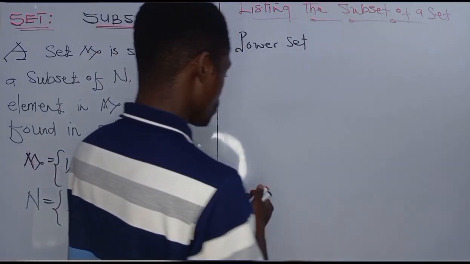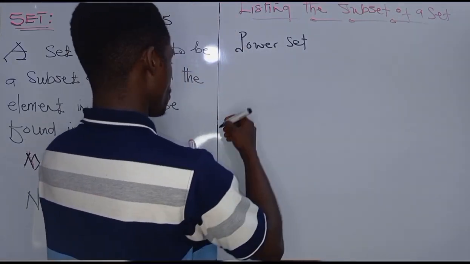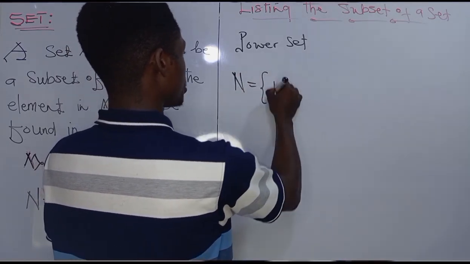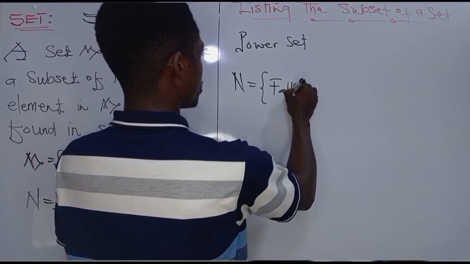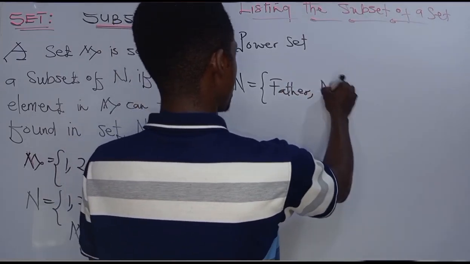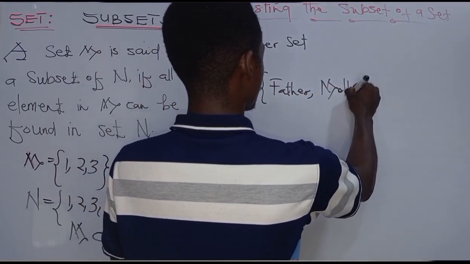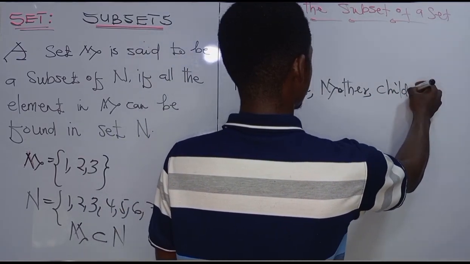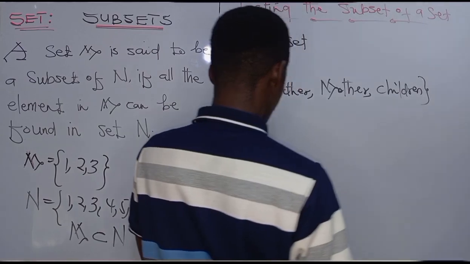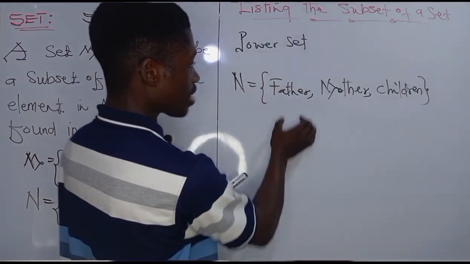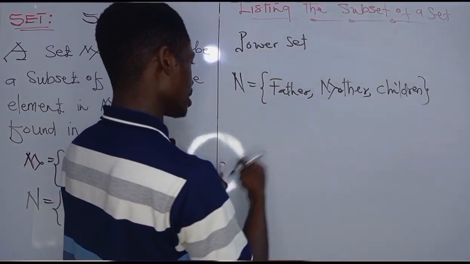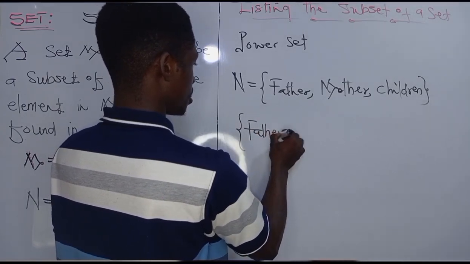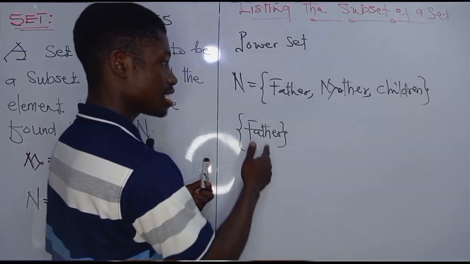Let's look at this example, the one that we looked at earlier. We said that with the nuclear family, we have what? The father, the mother, and what? Children. Good. So if I pick the father as a set, the father becomes what?